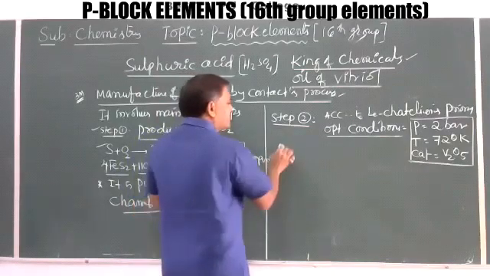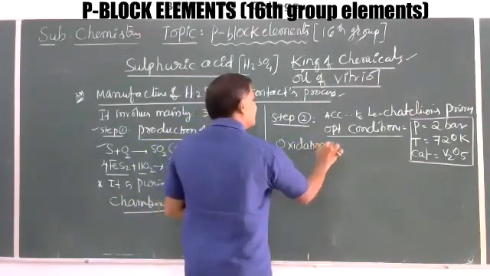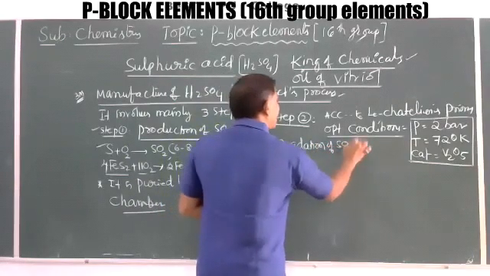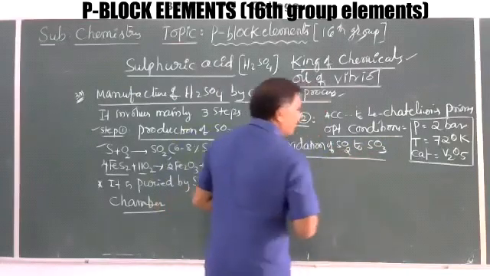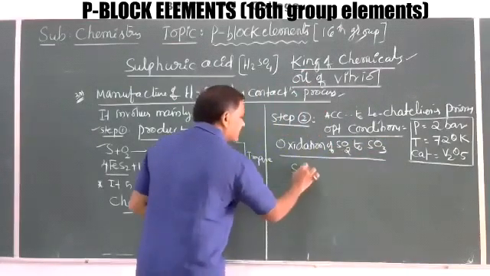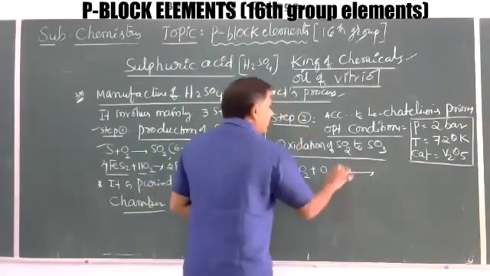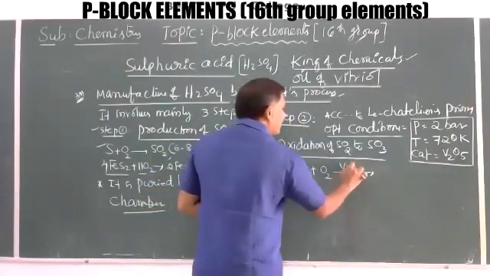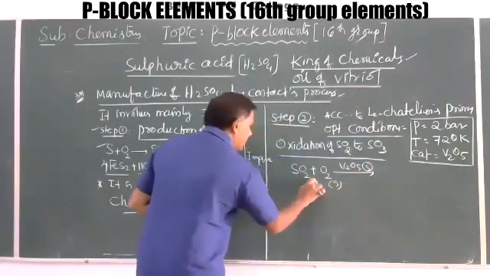So the second step is oxidation of sulfur dioxide to sulfur trioxide. The obtained pure sulfur dioxide is reacted with excess oxygen in the presence of the catalyst V2O5, which is a solid, while the reactants are gases.